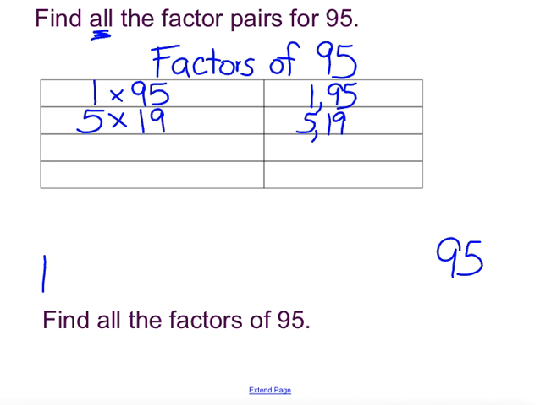So we already know at this point that we have found all the factors of 95. That's it. So we have 1 and 95 and 5 and 19.